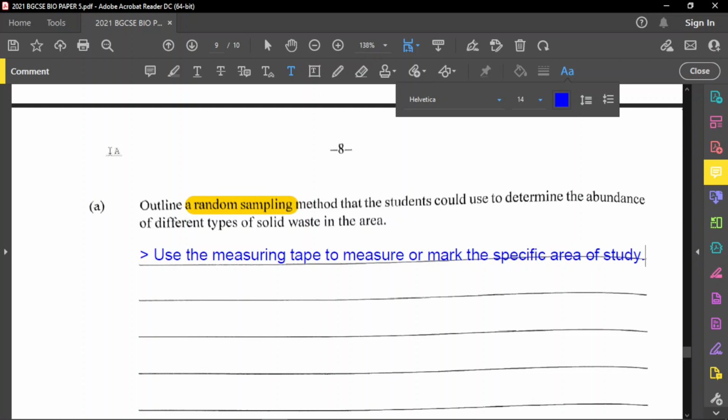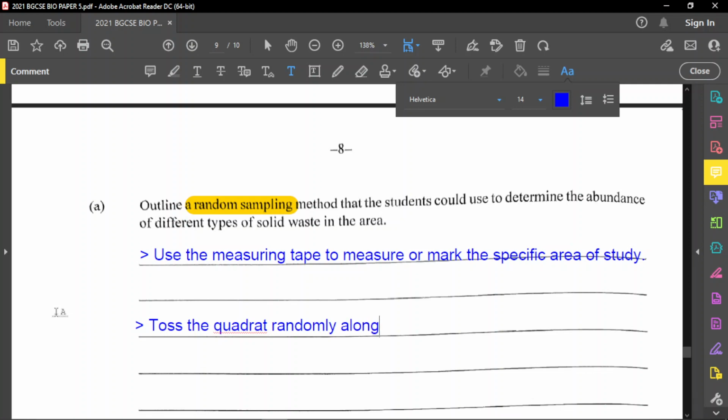And then the next thing you want to do is toss. So this is the second thing. You're going to toss the quadrat randomly, along or within the marked area.